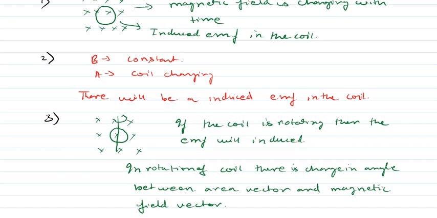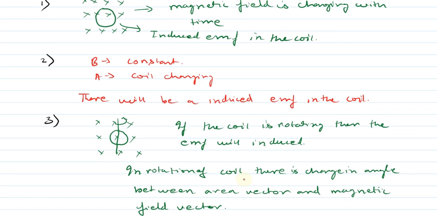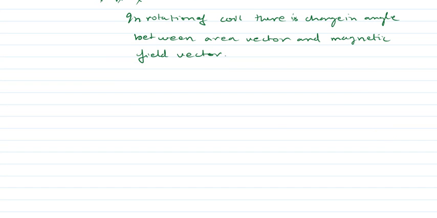So we can say that the induced EMF in the coil is the magnetic flux. It means the induced EMF in a coil directly depends upon the magnetic field, the area of the conductor, and the angle between the area vector and the magnetic field vector.